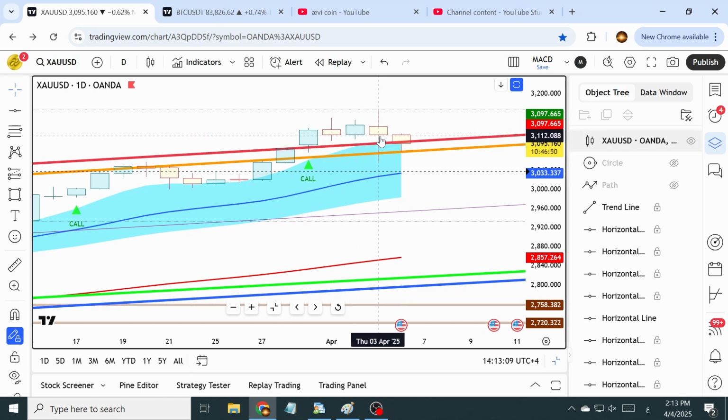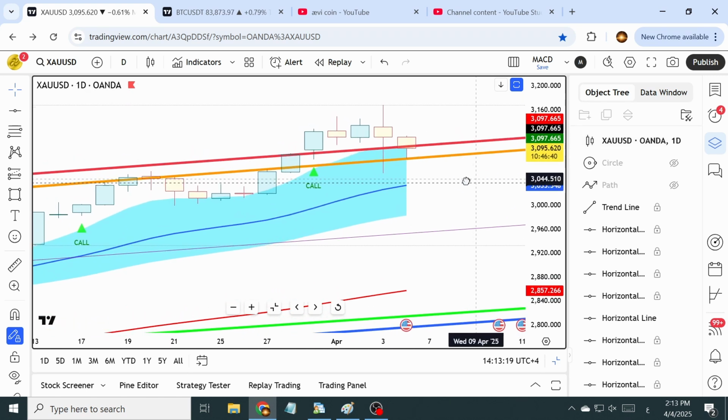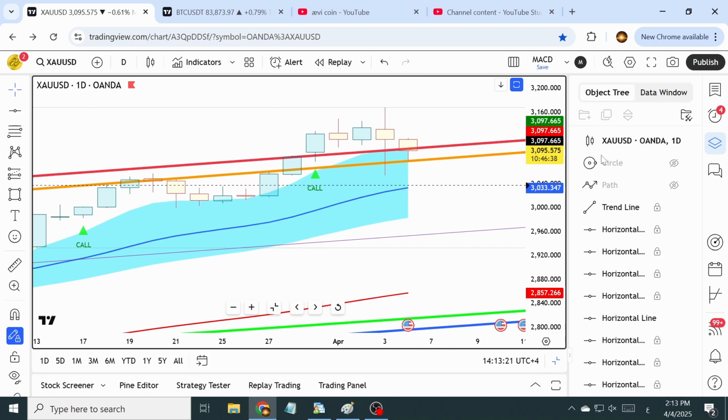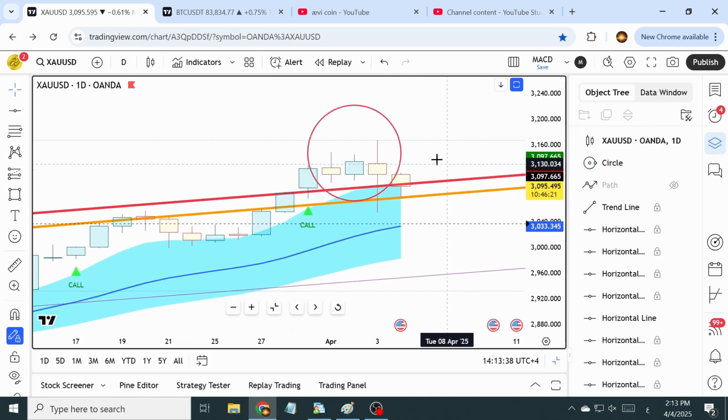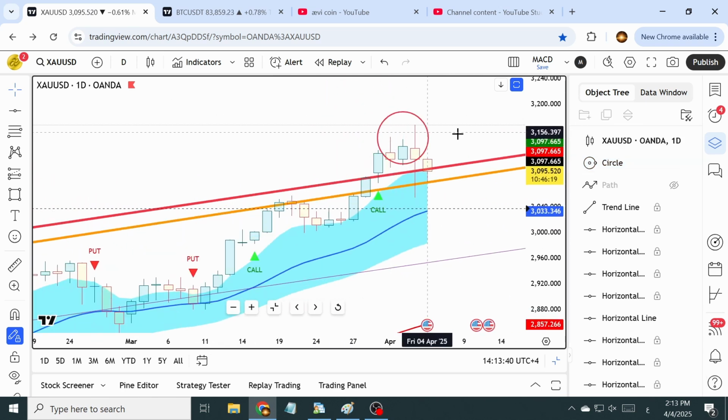Now the price opened just below that, and we see continuation and a change of the momentum. If we notice, these three candles are doji candles, and they could be a clear signal of a price reversal.